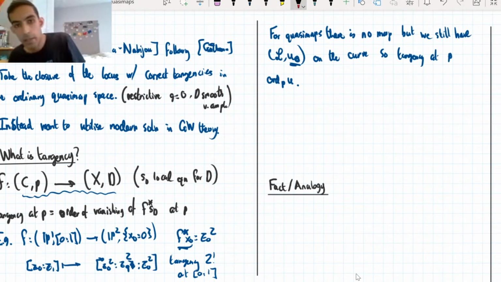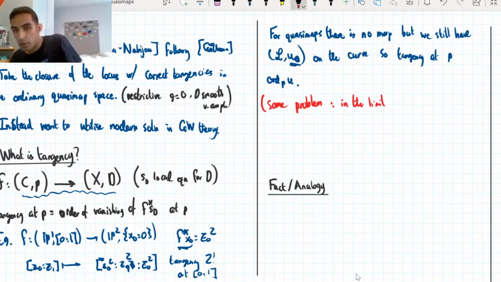But we have basically the same problem, which is that in the limit, this section could vanish on whole components of the curve or even the whole curve itself. And then you could think the order of vanishing is like infinity or something.